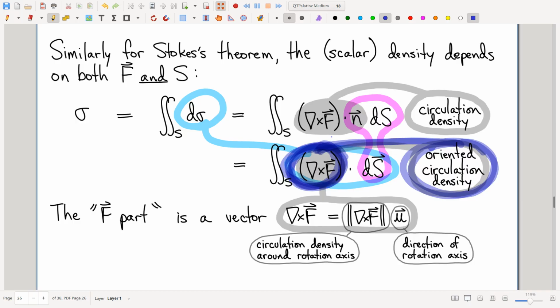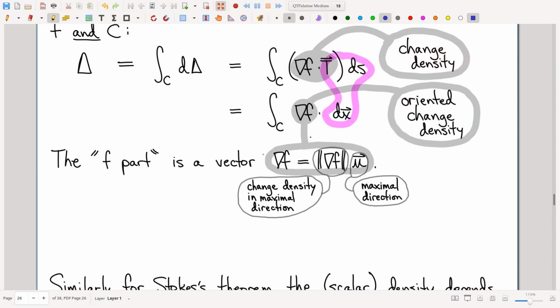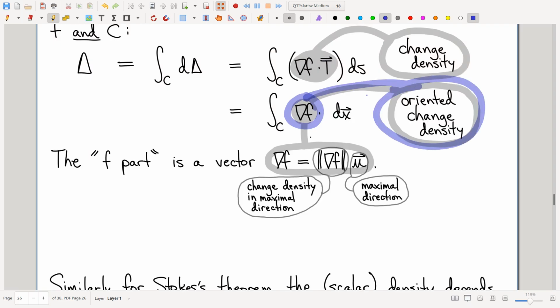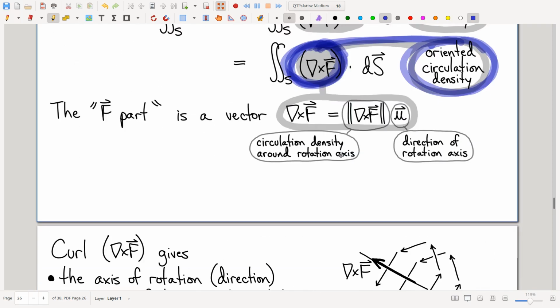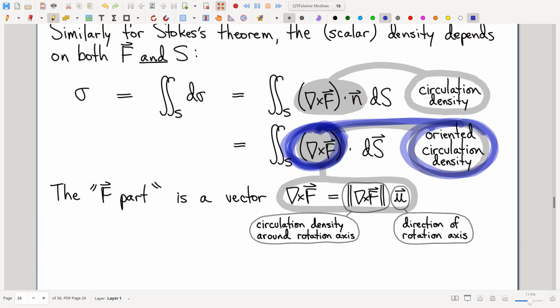But it has some really nice benefits, and specifically in the same way that viewing gradient as oriented change density allows you to interpret that, yeah, sure, the magnitude is the steepness, but the direction is how to actually realize that maximum value. The same interpretations work down here.